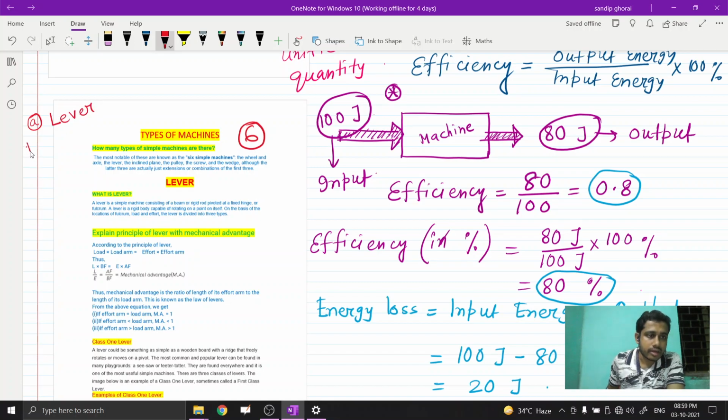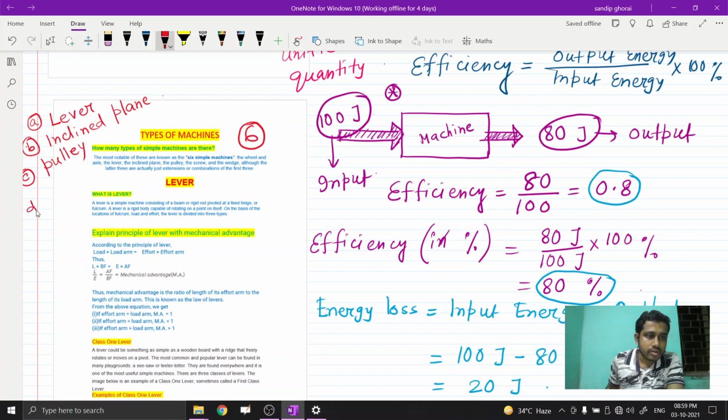Okay, and B, this is inclined plane, and C, that is pulley.